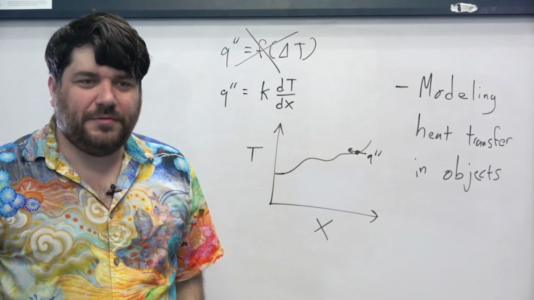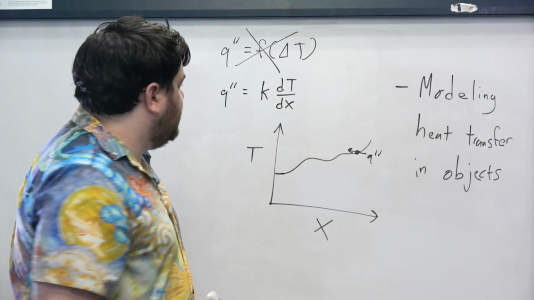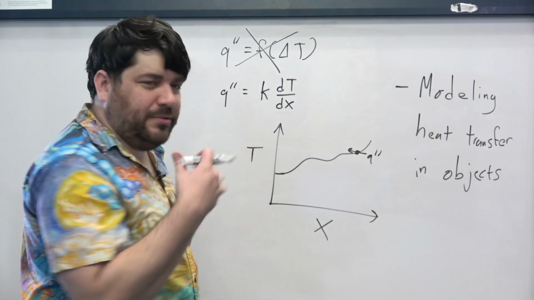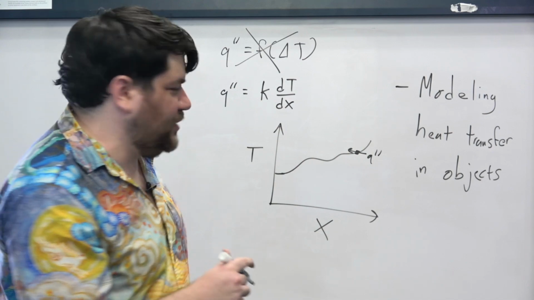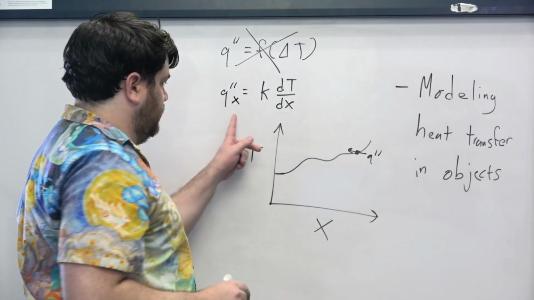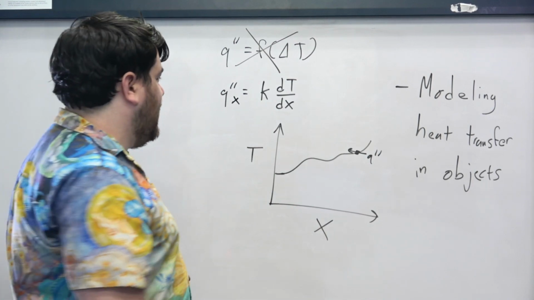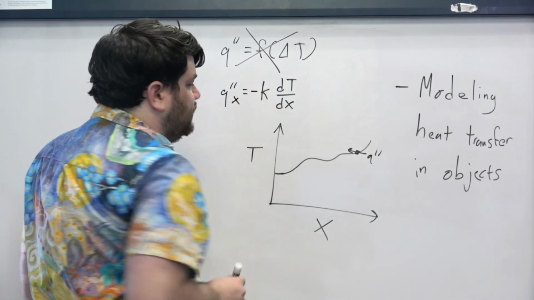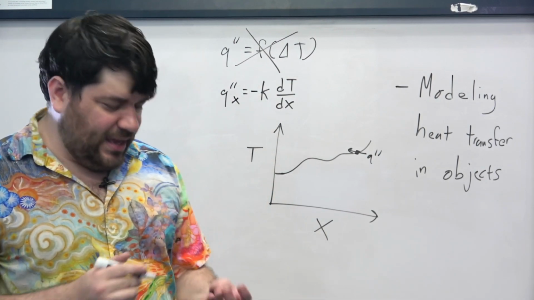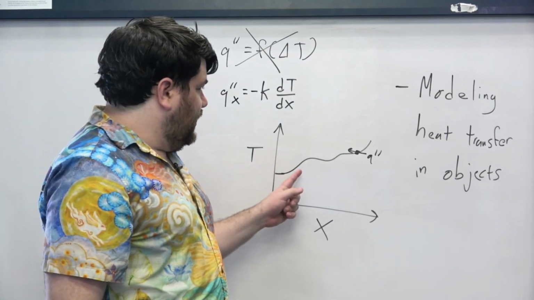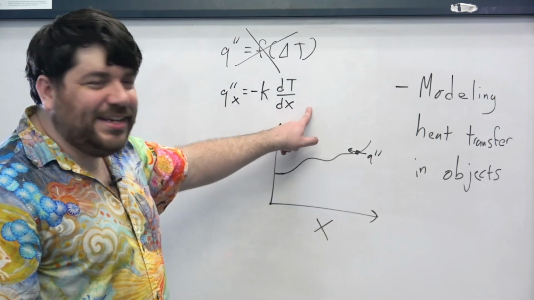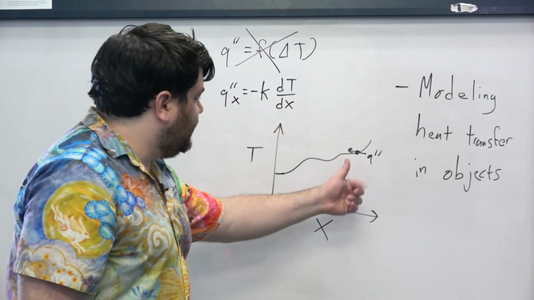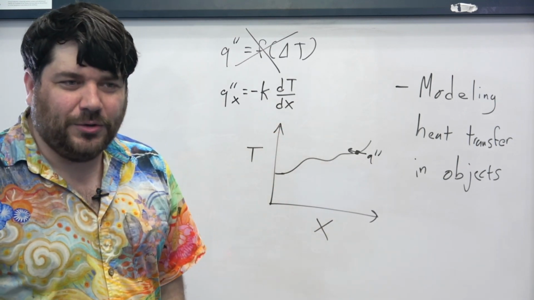And so the way that we account for this is that we basically say, okay, well, this quantity that we're calculating here is actually the heat flux that is happening in the x direction. And we have to attach a negative sign to account for that physical behavior, where whenever temperatures increase in the direction of x, dT/dx will be positive, and because heat flux goes from hot to cold, right?